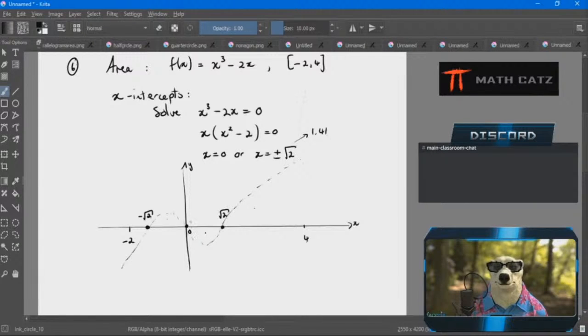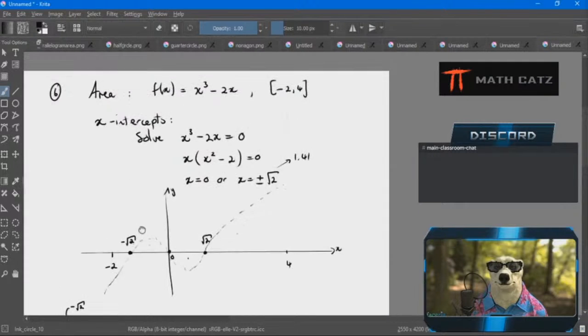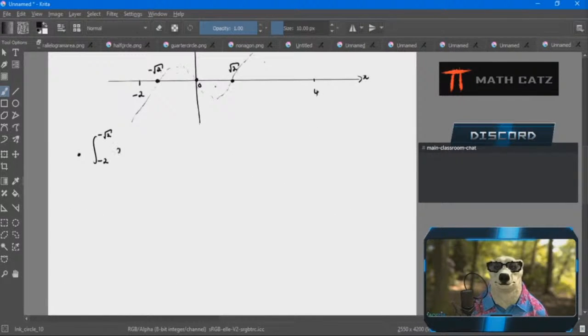So let's do that. My function is x cubed minus 2x. So tedious as it is, there's no way around. I have to calculate negative 2 to negative root 2 of my function, x cubed minus 2x.